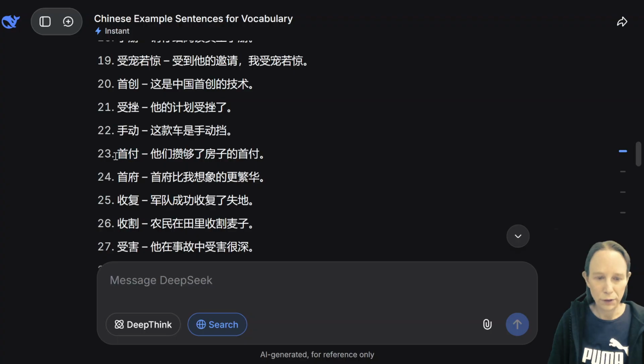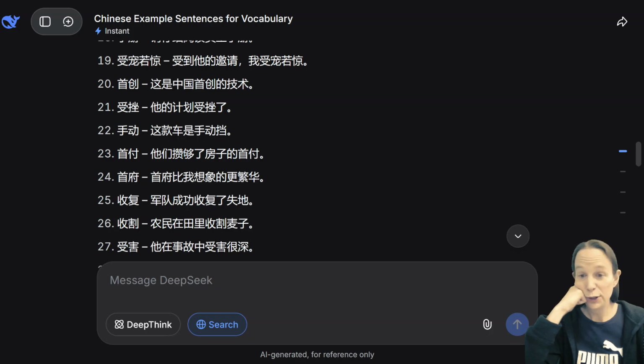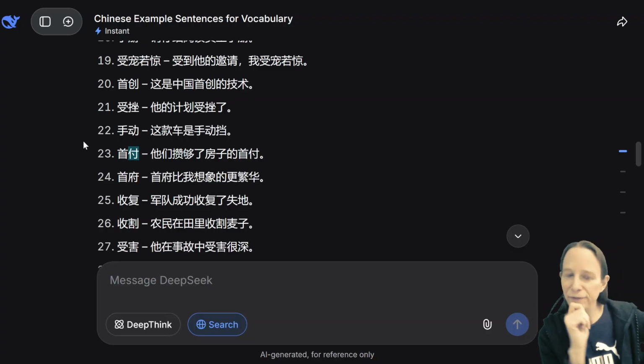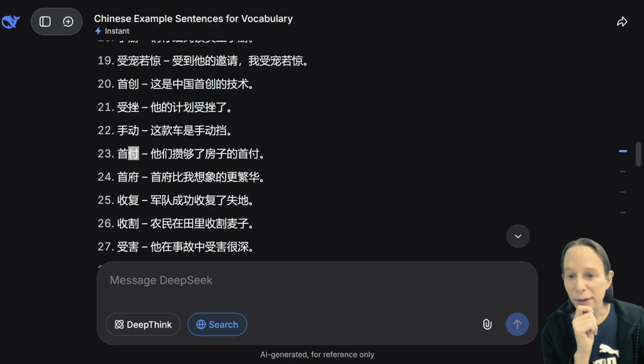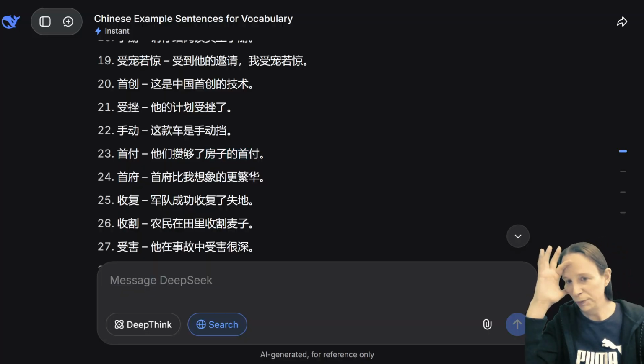首付. I don't know what 首付 is. Primary or initial 付. 付 pertains to payment or funds. No, it would be payment. 他们攒够了房子的首付. Oh, this is the initial payment for a house.